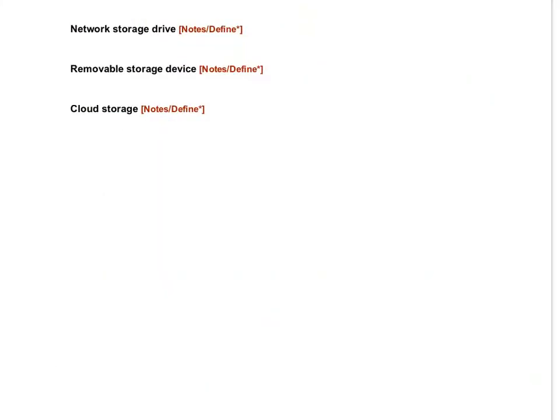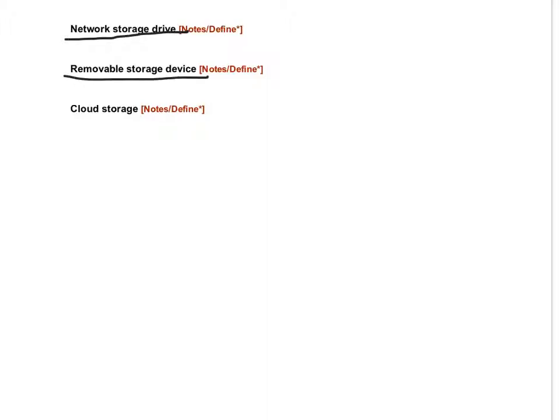A couple of others: you can store information out on the network, and I'm going to draw a picture here in a minute. Typically networks will have some drive, usually with a name, but a lot of times they assign a letter to it also. Going way back, the old floppy drive was A, the hard drive was C, and so forth.